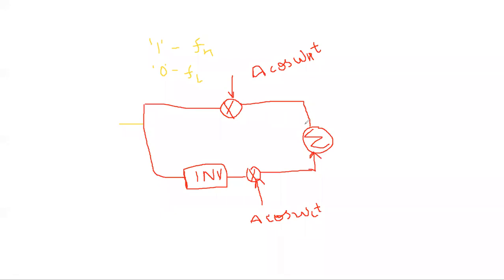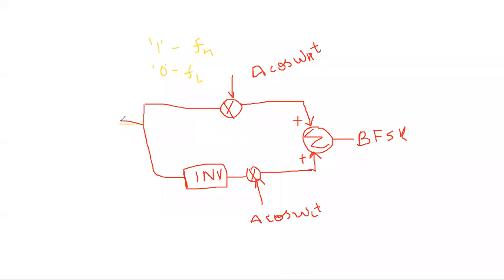This is multiplier 1, this is multiplier 2. Both will be given to a positive input. So the input is given to the adder and the output is your BFSK, that is, your binary frequency shift keying waveform. So this is the simple concept of the BFSK transmitter.